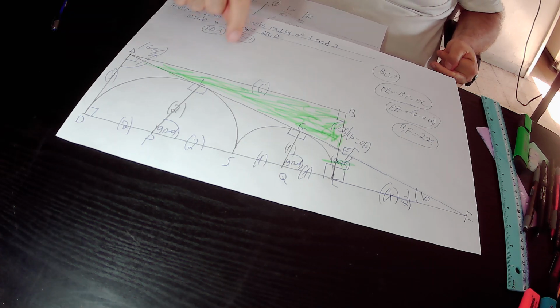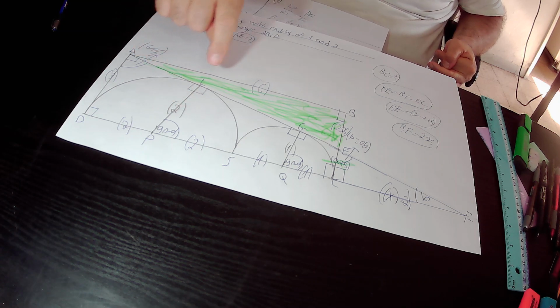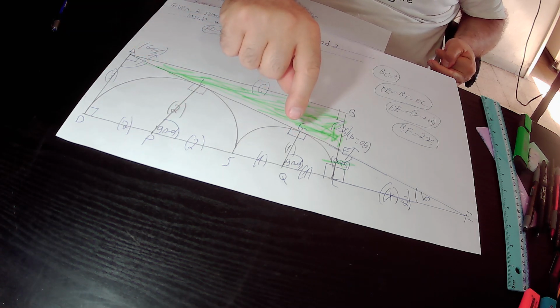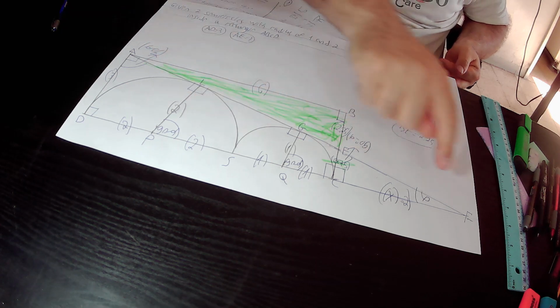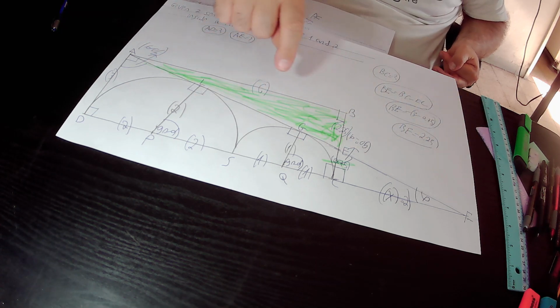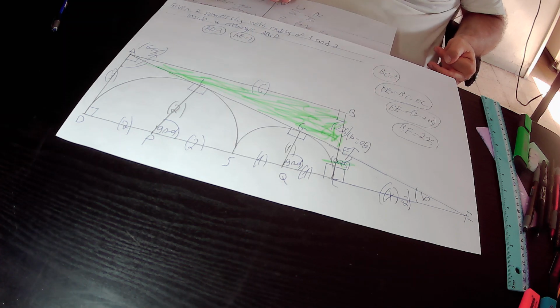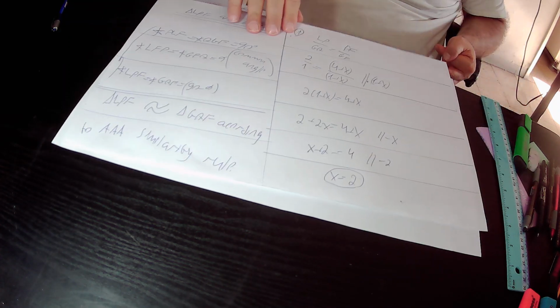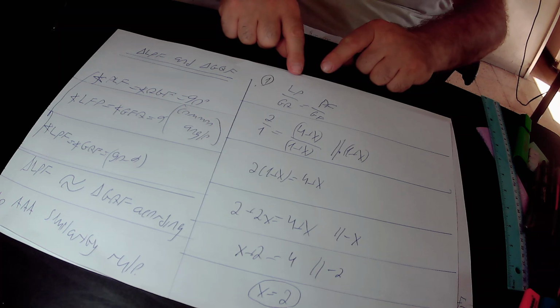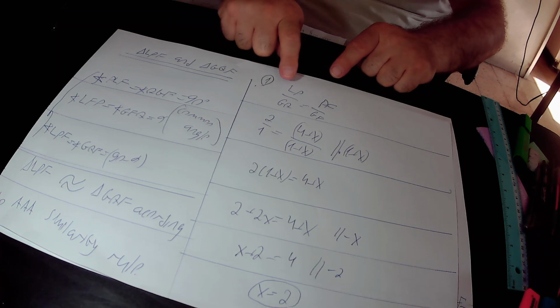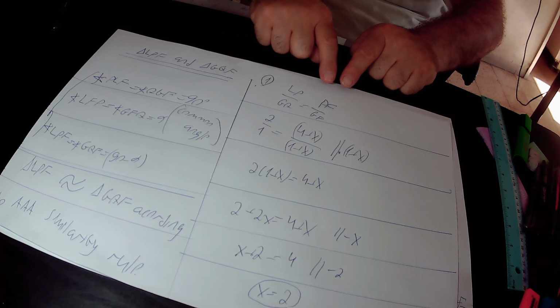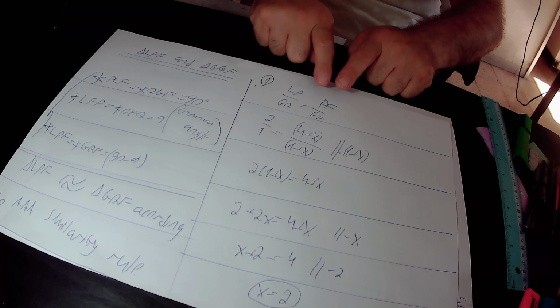We will derive that side LP in the big right triangle LPF over side GQ in the small right triangle GQF equals side PF in the big triangle over side QF in the small triangle.